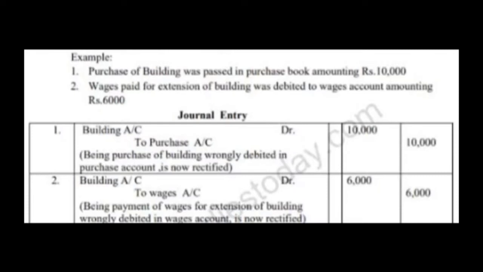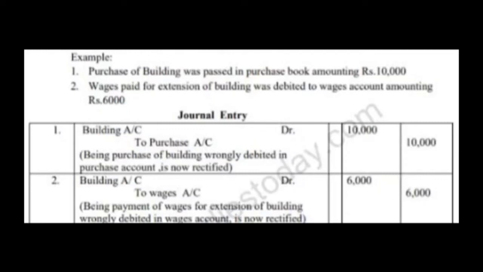As we have discussed before, capital expenditures are recorded by the name of the asset and revenue expenditures are expensed out. Now as this is paid for extension of building, it is a capital expenditure. So this should have been recorded by the name of building, but the accountant recorded it by the name of wages account.